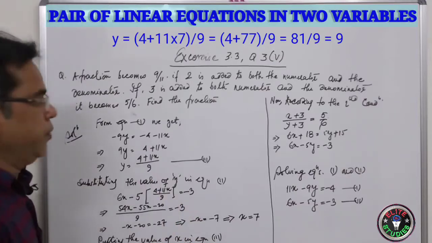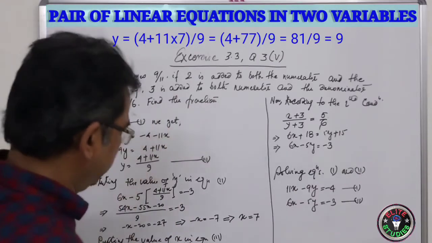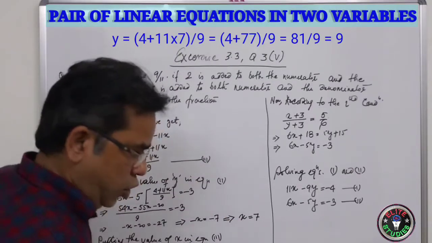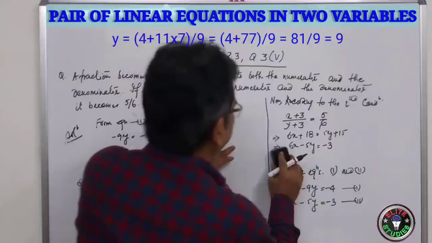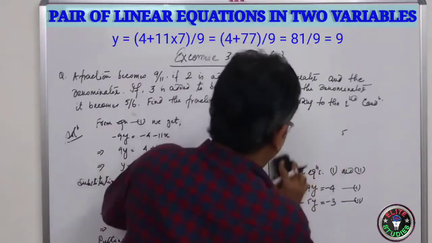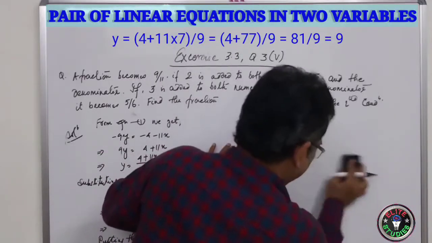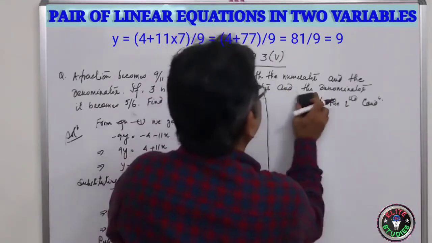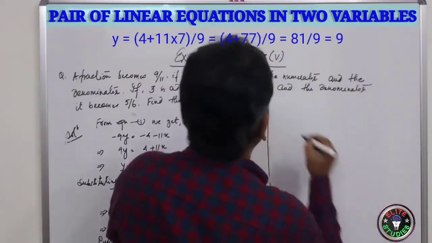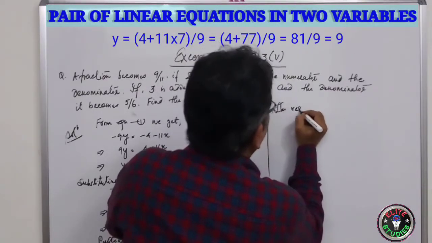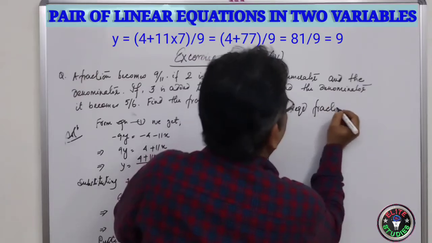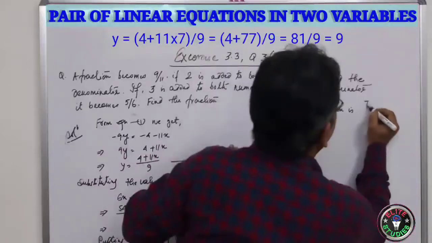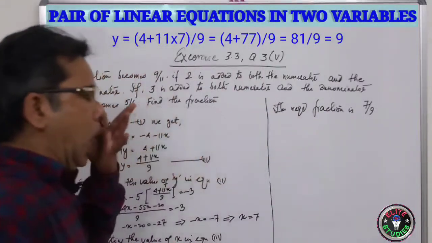So dear students, we have got the fraction, because the numerator was x and the denominator was y. So the required fraction is x by y, 7 by 9.